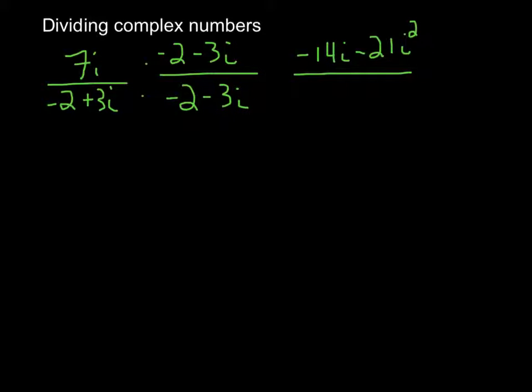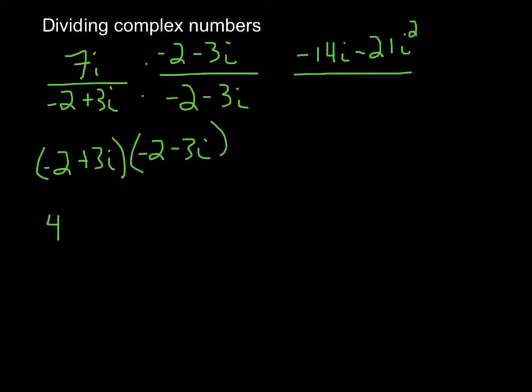So we've got essentially negative 2 plus 3i times negative 2 minus 3i. Okay, we can multiply these out. So I take my negative 2 times my negative 2. That will yield me a positive 4.